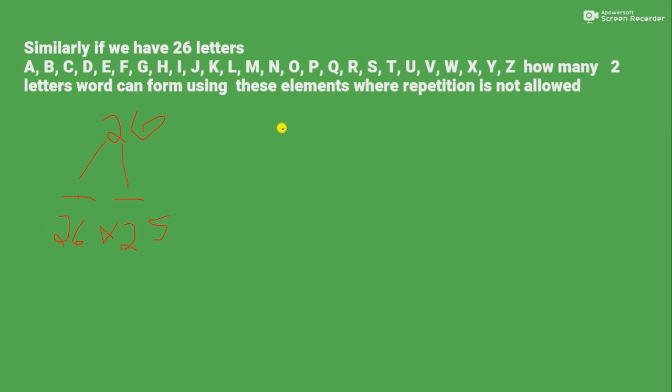But what if our problem is bigger in size? Say we have 1, 2, 3 up to n elements, and we need to form a word which contains r letters. We can't use these multiplication principles easily; it is very tedious.